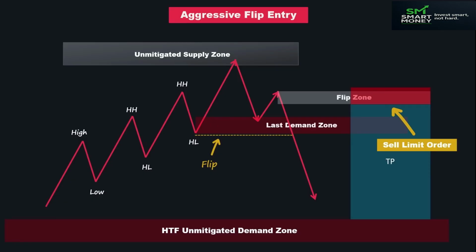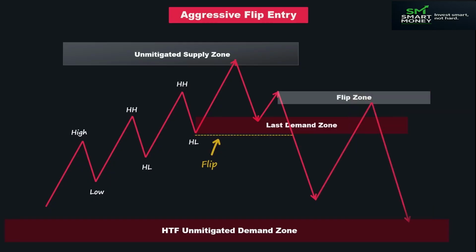To manage our risk, we set our stop loss a few pips above the flip zone to protect against potential adverse price movements. As for our take profit target, we aim for the next unmitigated demand zone, which offers a potential area for the price to reverse. By following this aggressive entry strategy, we can take advantage of the flip pattern and potentially profit from the downward price movement. The same principles apply to the bullish scenario.